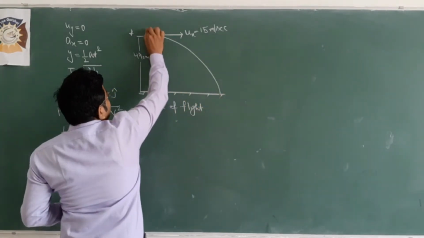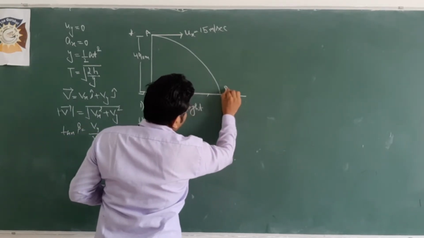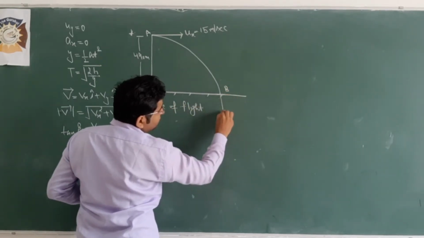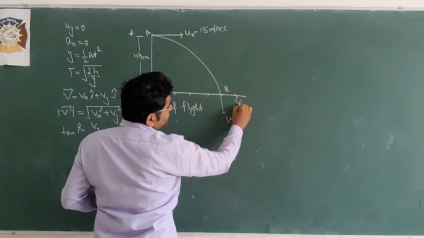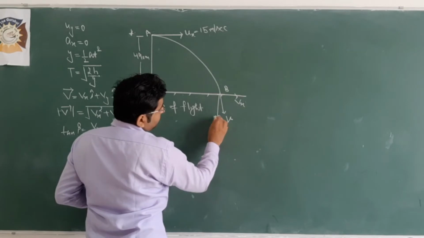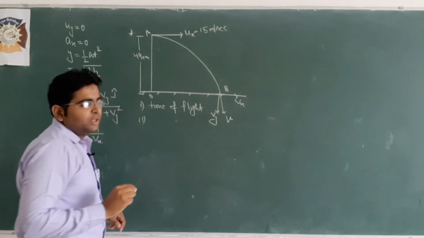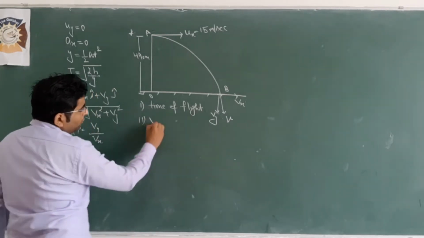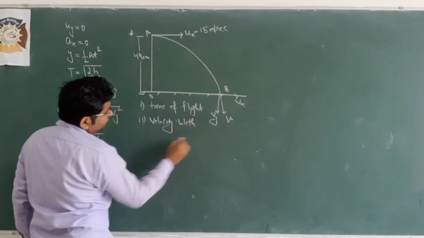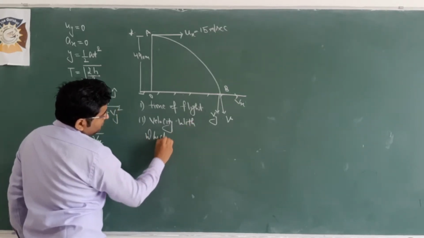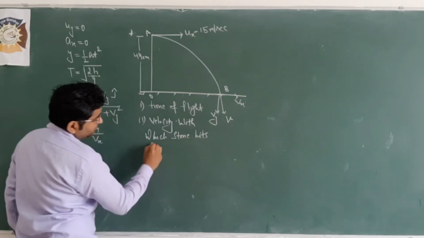Suppose it is point A, O and it is point B. So resultant velocity is equal to V. So it will have two components, Vx and Vy. Clear? So beta, velocity with which stone hits the ground.